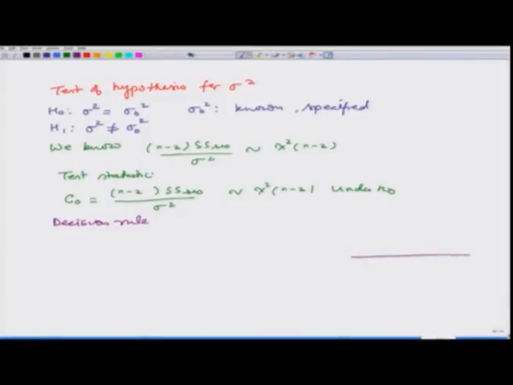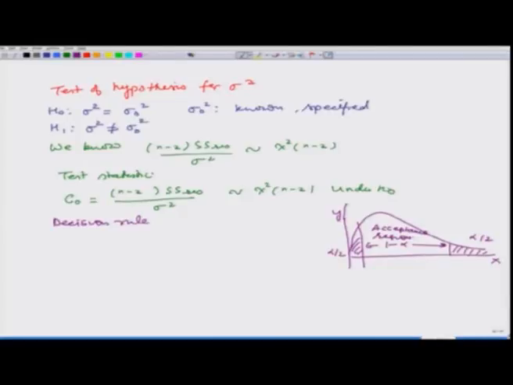So, we know that the chi-square distribution is not a symmetric distribution. So, this is our x-axis, this is y-axis, and somewhere here there is alpha by 2 critical region, and here on this side this is alpha by 2 critical region, and in between this is the 1 minus alpha region, which is the acceptance region.